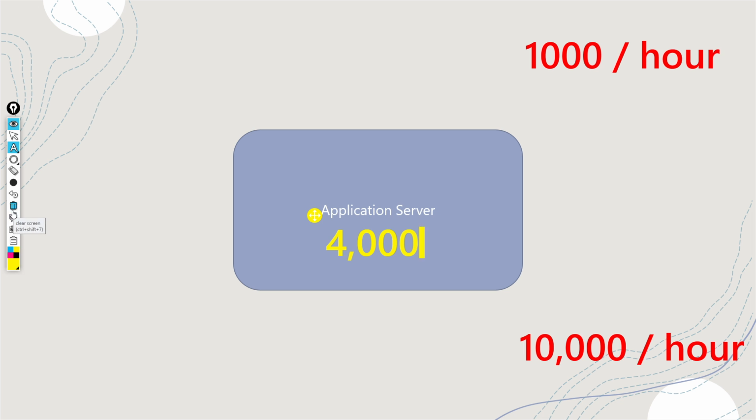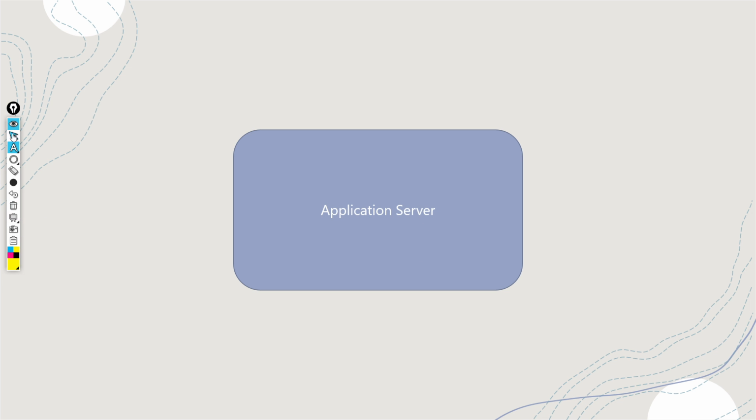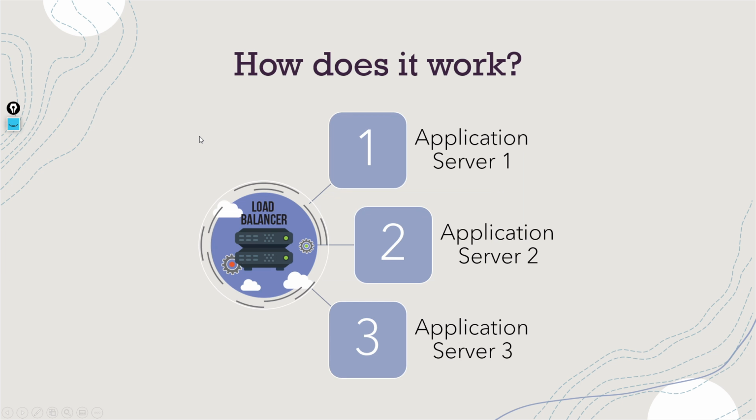Now in that case what we can do is we can use multiple servers. So what if I use multiple servers, say server 1, server 2 and server 3. Now, what would happen? Consider a scenario, suppose the load balancer is not here. Question would come up that how would I be able to distribute the traffic?